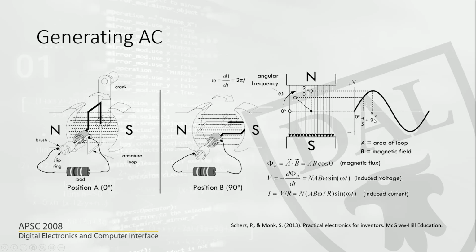Based on that, the waves are going to be sinusoidal. There are other waves that we use in electronics, but those are all produced with electronic circuits. This is the only way we produce electricity when we try to convert mechanical energy into electrical energy.